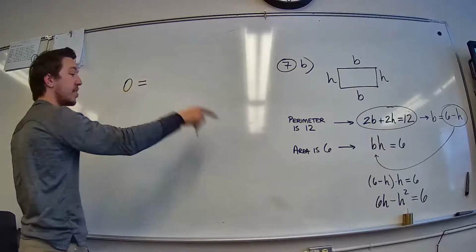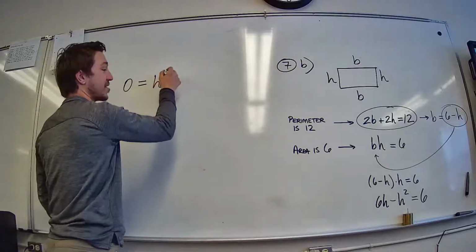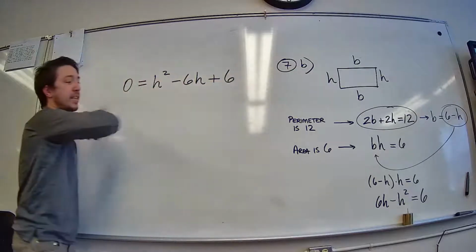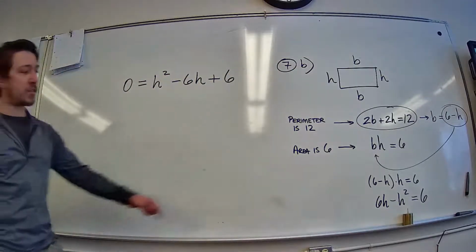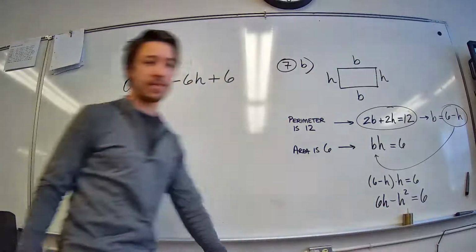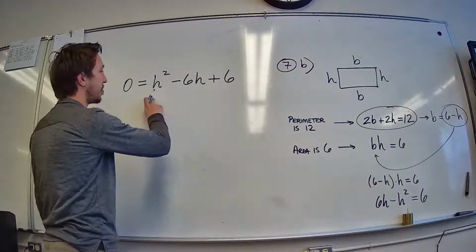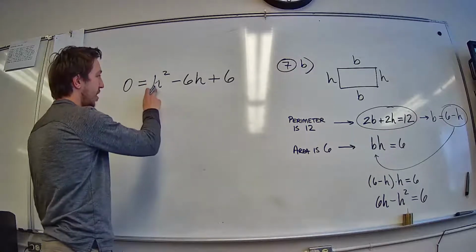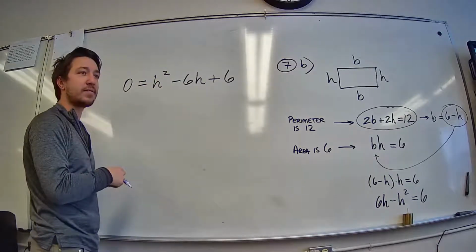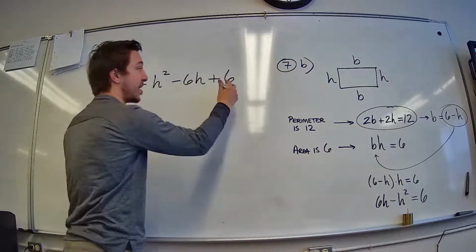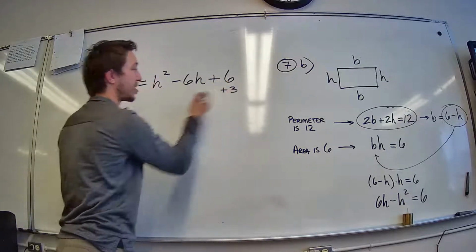Maybe we'll do it your favorite way: complete the square. I moved everything over to the right-hand side because I wanted my h squared to be positive. That makes my life easier. This is awfully close to (h minus 3) squared, because half of 6 is 3. 3 squared is 9, which means this guy really wants an extra 3.